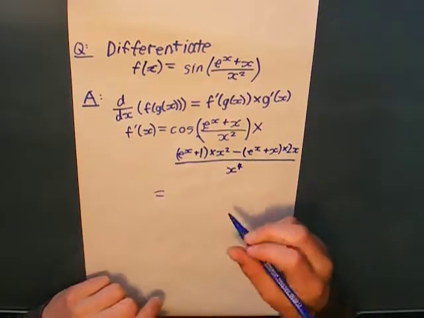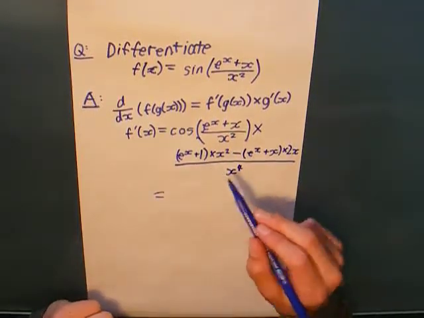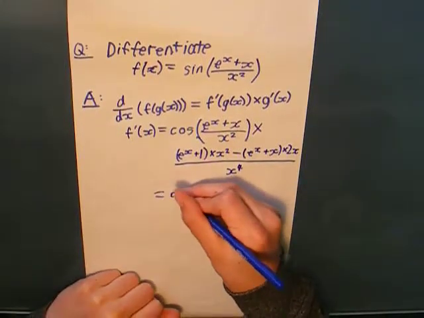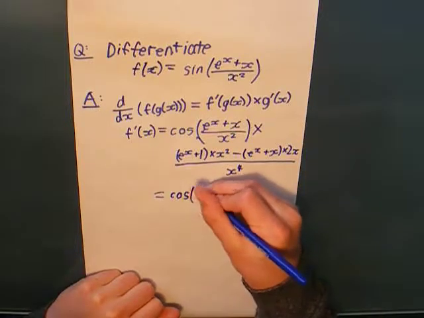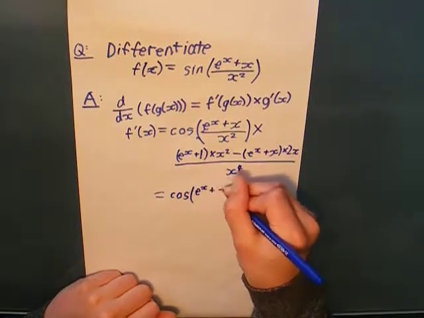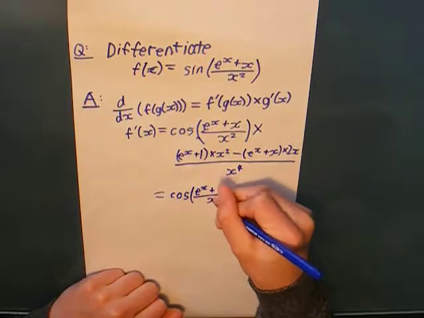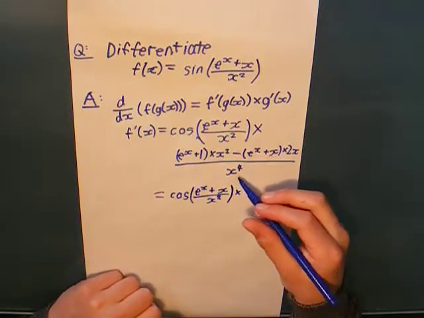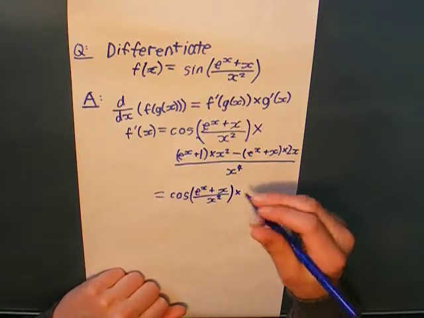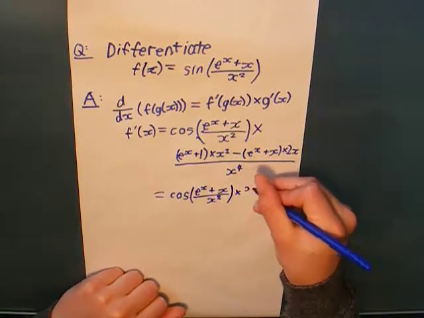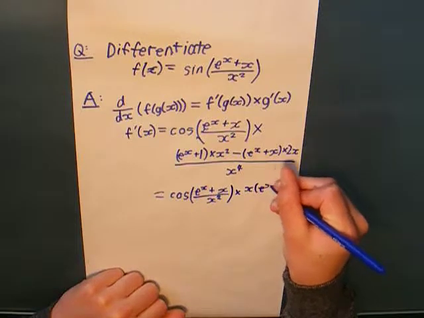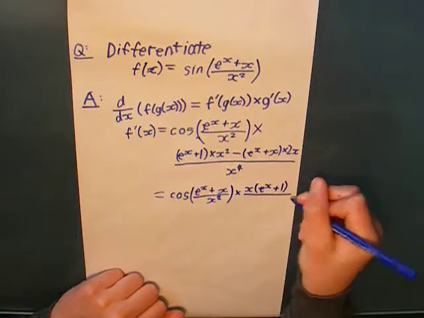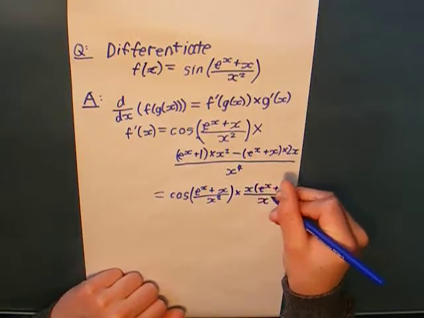Which equals, now the cos term can be kept outside, so we'll just have a cos of (e to the x plus x) over x squared times, now there's a factor of x that can be taken out of the numerator and denominator here, so this is just x times (e to the x plus 1) all over x cubed.